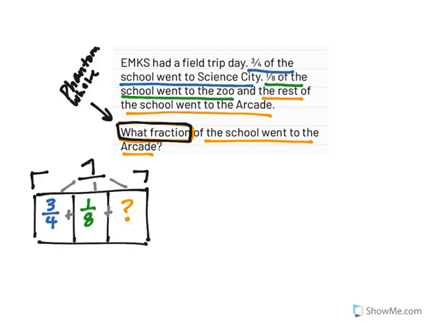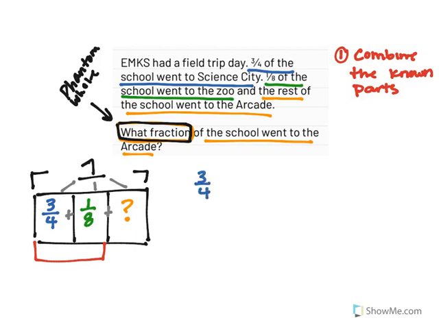So if I want to find a missing part of a whole, all I have to do is subtract my known parts. So step 1 is we're going to combine the known fractions or parts. We're going to combine 3/4 plus 1/8. I'll draw the T-chart. Here we go. So 3/4 plus 1/8.